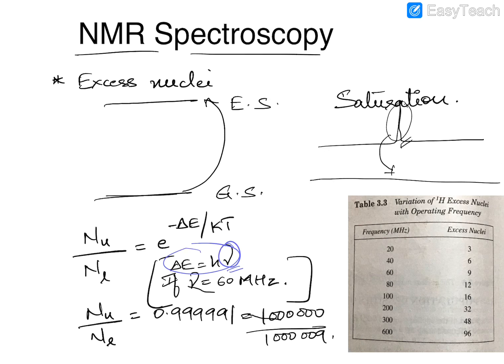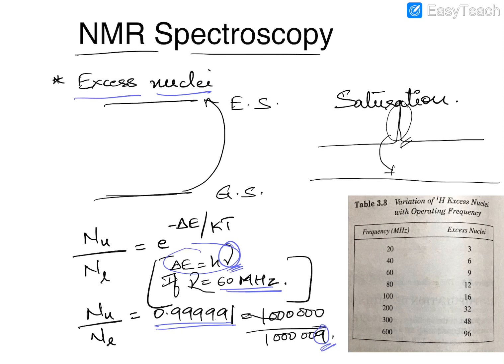And if we substitute nu for 60 megahertz, and we are looking at the difference between the energies of the ground state and excited state for a proton when 60 megahertz is the frequency of light incident on it, then we get an n upper upon n lower value that comes to 0.999991. That means only about 9 nuclei are in excess in the ground state as compared to the excited state, and this population is called the excess population or the excess nuclei in the ground state.